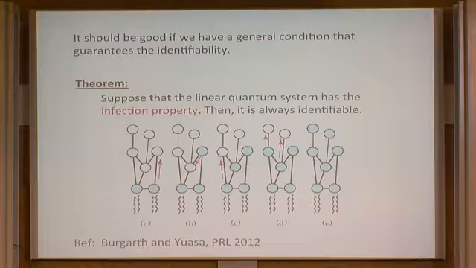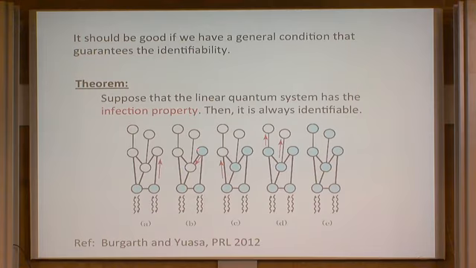This nice idea comes from the paper of Daniel and yours two years ago. I'm just trying to explain the infection property. Here is an infected node, and this is an uninfected node. If the infected node connects to the uninfected node uniquely, then this uninfected one can be infected.